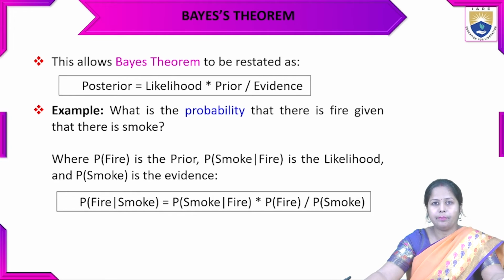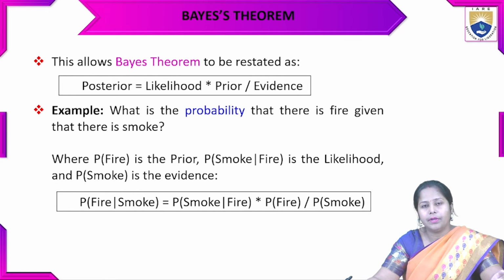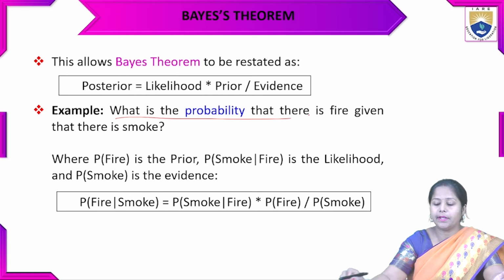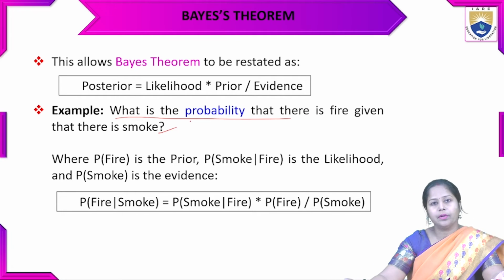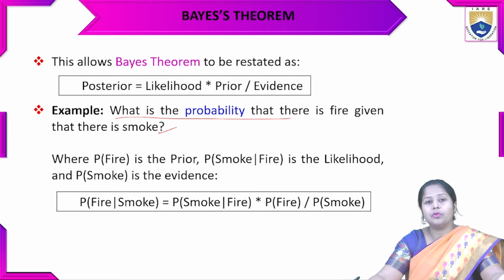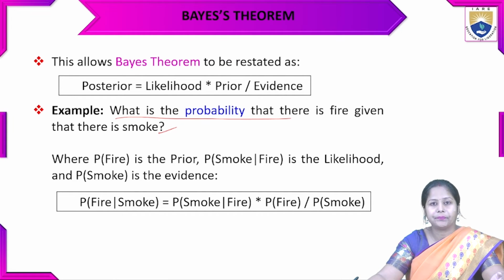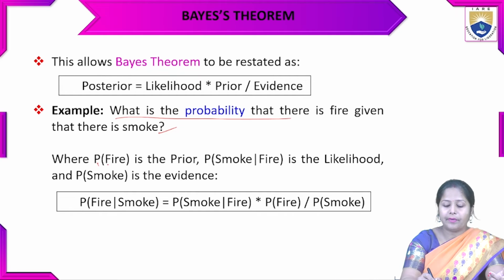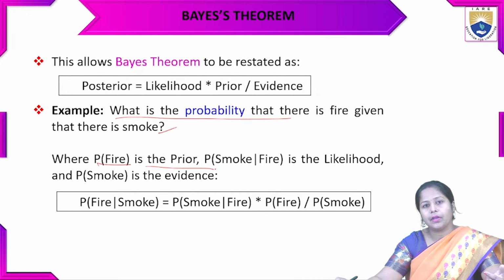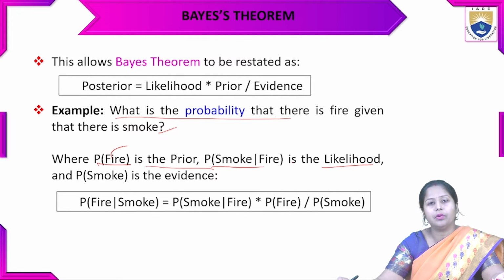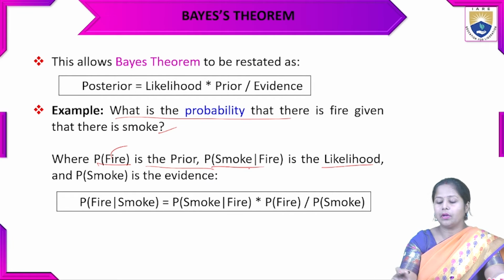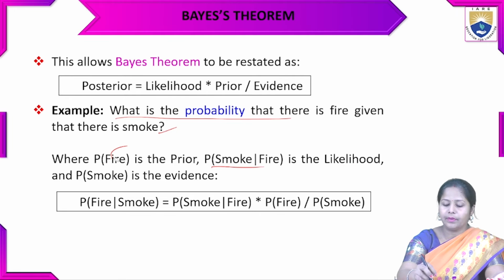Right? So for example, if we have to know the probability that there is a fire given that there is smoke. So if there is smoke, how do we find out whether the fire occurs? Here the prior will be P(fire). The likelihood will be P(smoke given fire), because of fire, the smoke came, right?